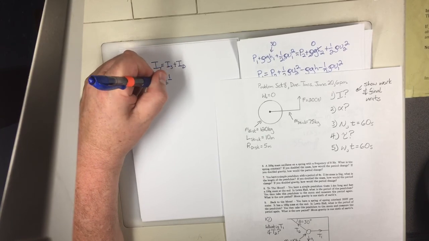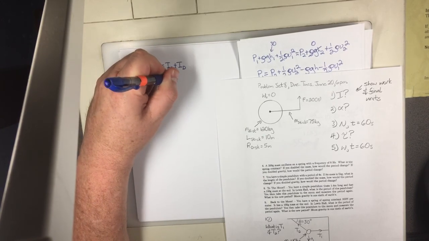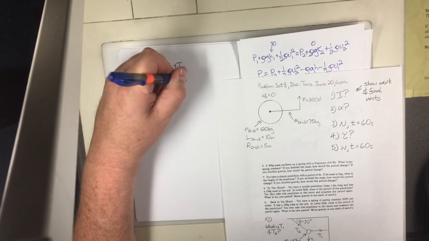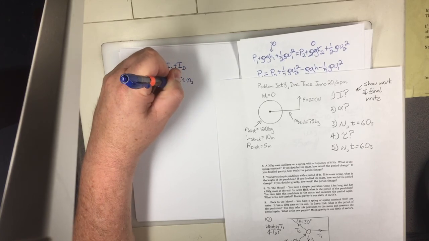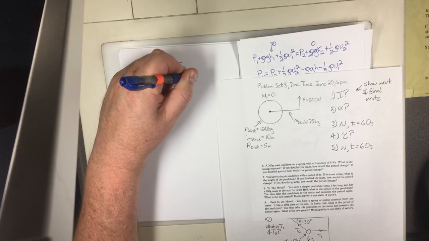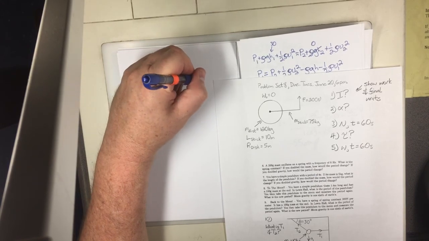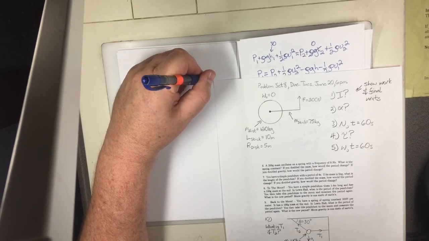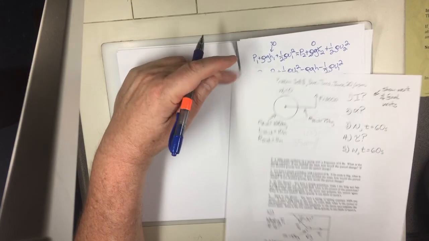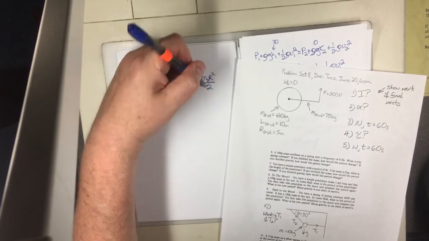So this becomes 1/12 m l squared plus m stick d squared plus mass of the disc r squared over 2.